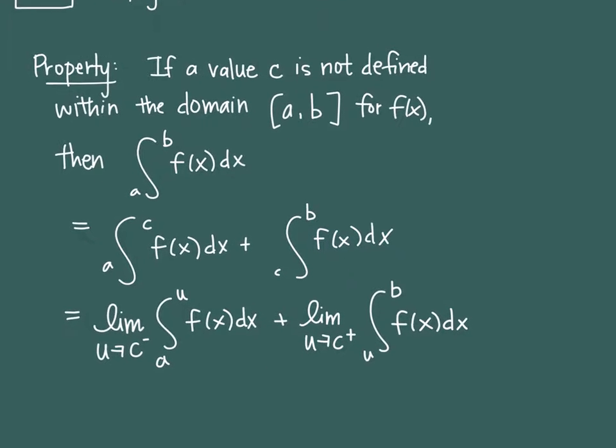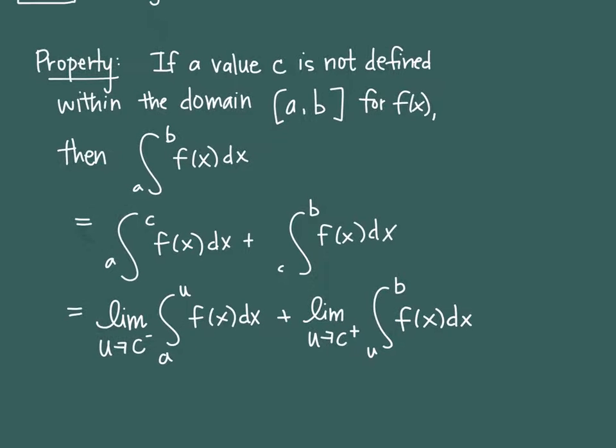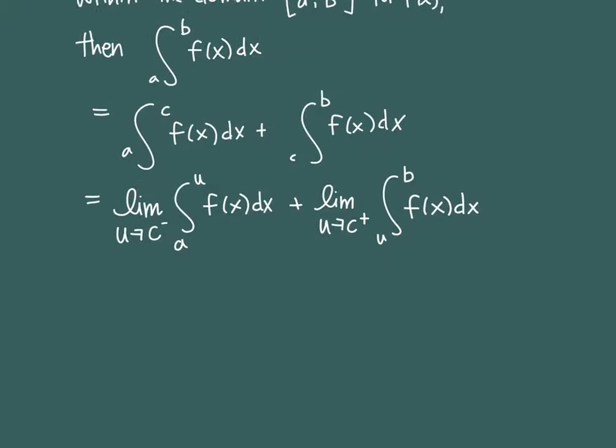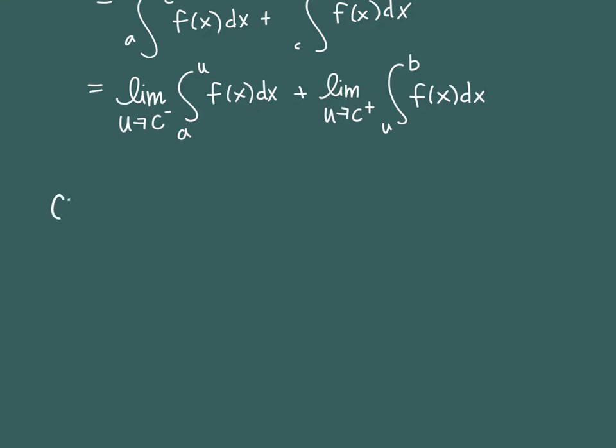There's a couple of corollaries to that. If c is actually an endpoint, then you just do one side or the other. Okay, so a corollary to that: if we're going from C to A, in other words, C is not included, but A is.